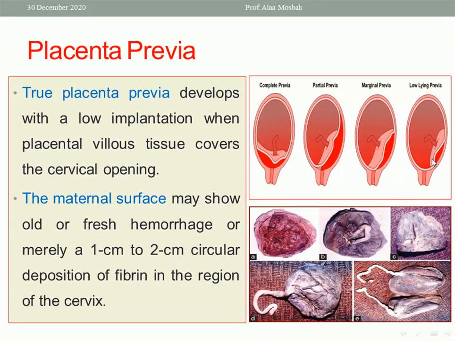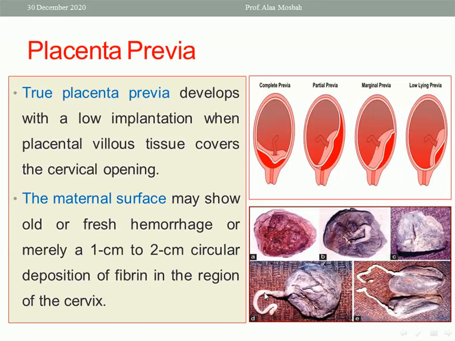In low-lying placenta, the lower edge of the placenta can be seen by ultrasound within 30 millimeters from the internal os. So during implantation, the chorionic villi will develop over and cover the cervical opening.